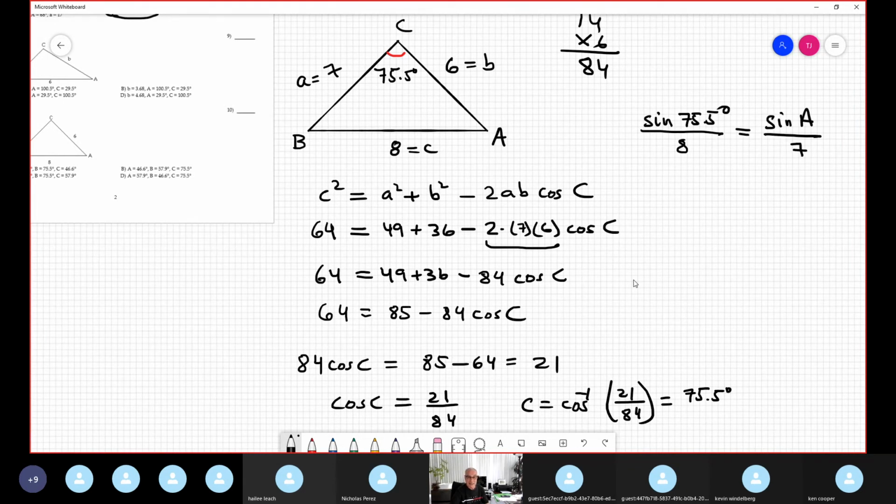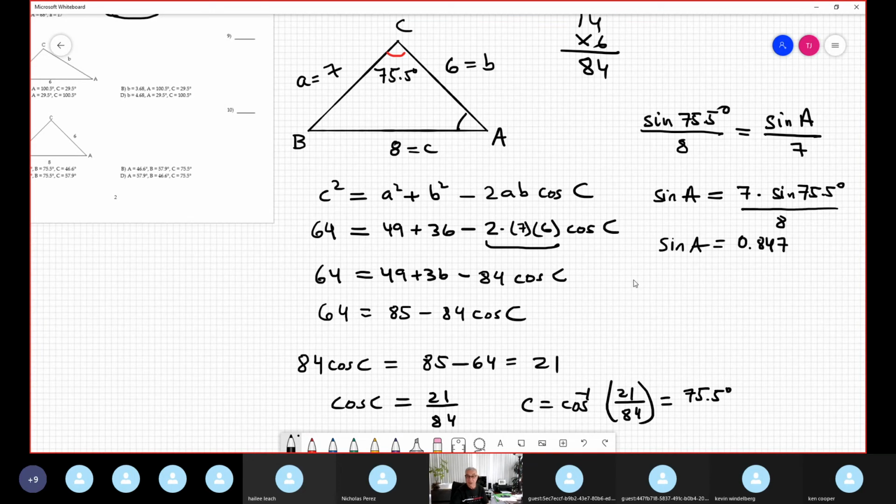I'm going to find this. Cross multiply: sine A is equal to 7 times sine 75.5 divided by 8. Sine A is 0.847.